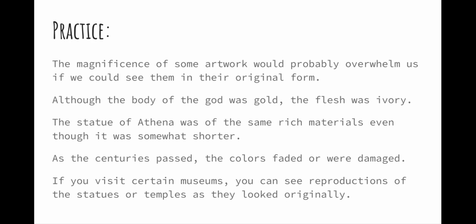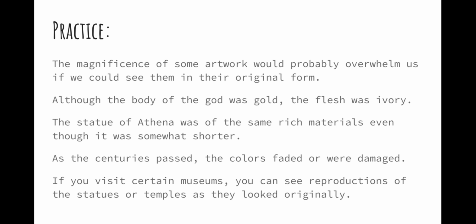Now let's practice finding them and finding the dependent clauses. When you are doing your lesson practice today, this is what you're going to need to do. You're going to need to find these subordinate conjunctions. And it should be fairly easy if you use the list that I give you.